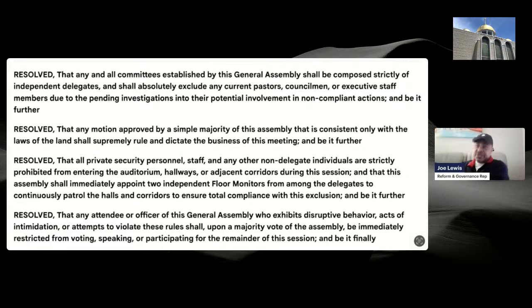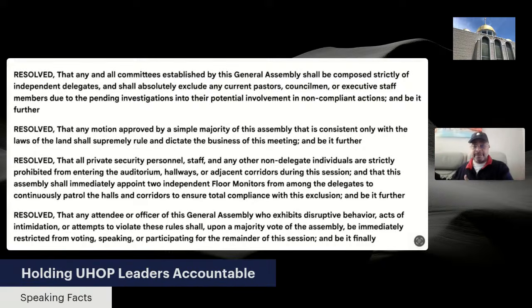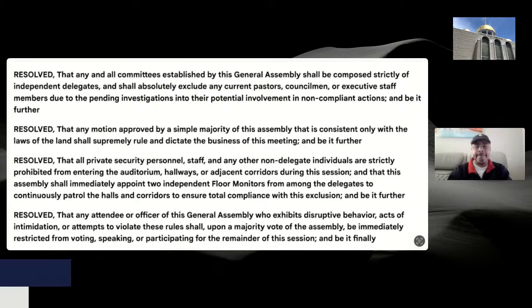It's not to excuse them, even though we need to make it clear that a motion can be put on the floor to have them excused if they continue. Okay. The next frame, please.